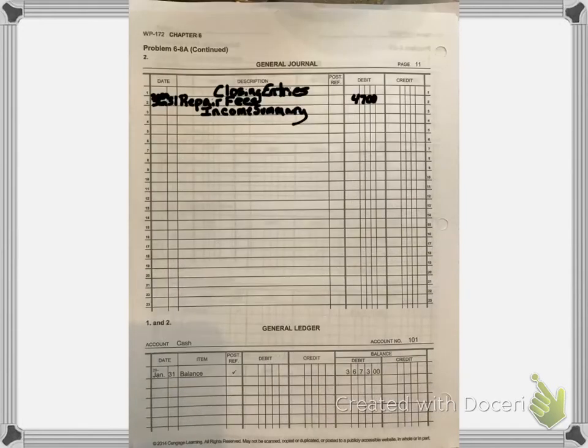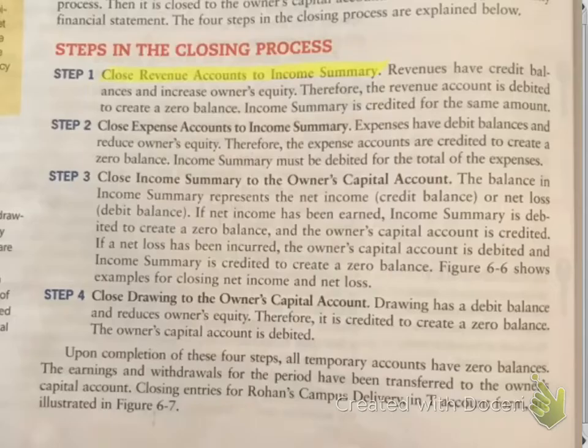Okay, credit to income summary for $4,700. Okay, that is step one in the closing process. I'm sorry I'm having to flip through pages, but step two in the closing process is to close expense accounts to income summary.